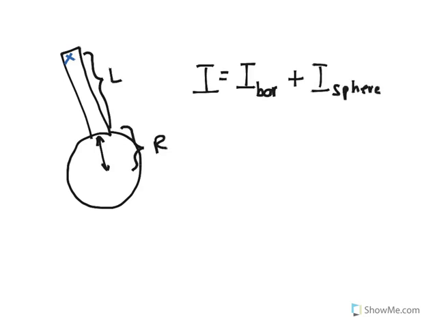But neither the bar nor the sphere is rotating at its center of mass. So you have to first calculate the moment of inertia of the bar, then the moment of inertia of the sphere, and then add them up.